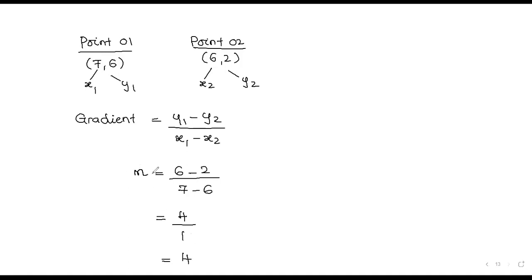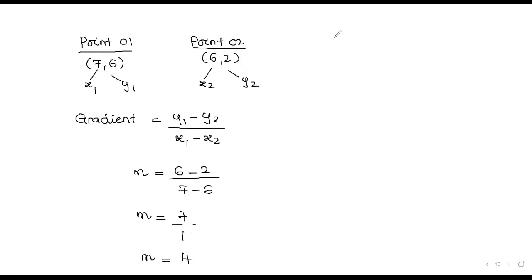Right? So this is how you find the gradient. So 6 minus 2 and 7 minus 6. I'm just double checking, children, so that you can understand that you also want to do the same thing when you are writing the answer. 6, 2, 7, 6. Yes, the answer is correct.